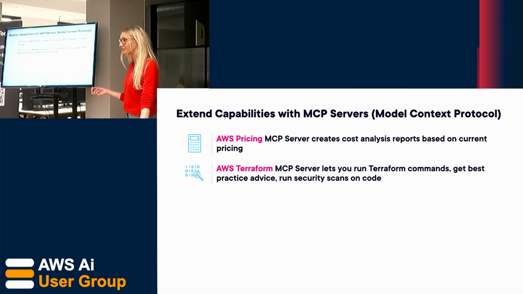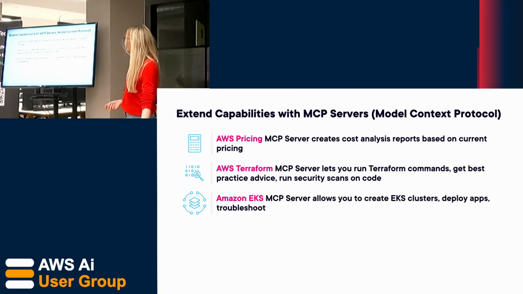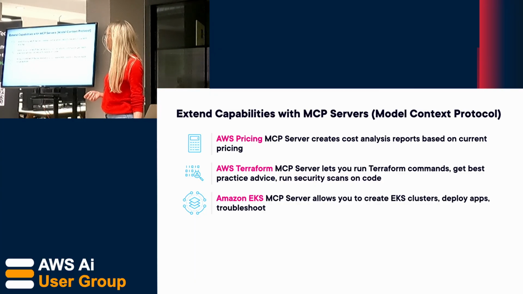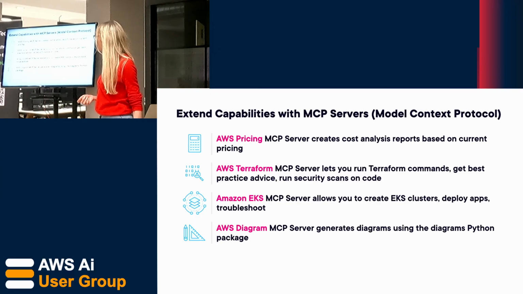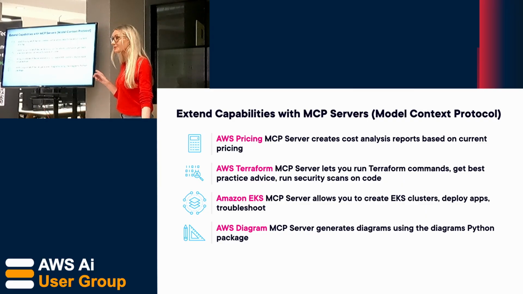If you work with Terraform, it will help you to review your Terraform code for best practices, that kind of thing. There's an EKS MCP server if you use Elastic Kubernetes Service. There's one for diagrams, which we'll see later on, helping you to generate diagrams. You can generate diagrams based on your prompt or based on reading your Terraform or CloudFormation template.